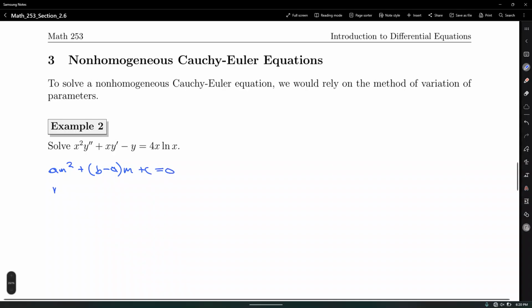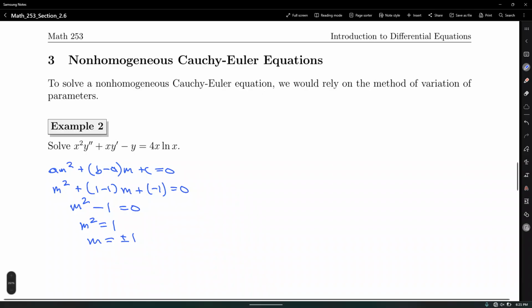So a, which is 1, gives m squared, plus b, which is 1, minus 1, times m, plus negative 1 equals 0. The 1 minus 1 cancels the linear term, leaving us with m squared minus 1 equals 0. So m squared equals 1, and m equals plus or minus the square root of 1, which is plus or minus 1.